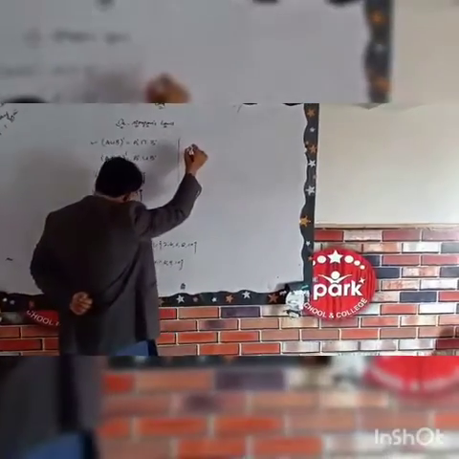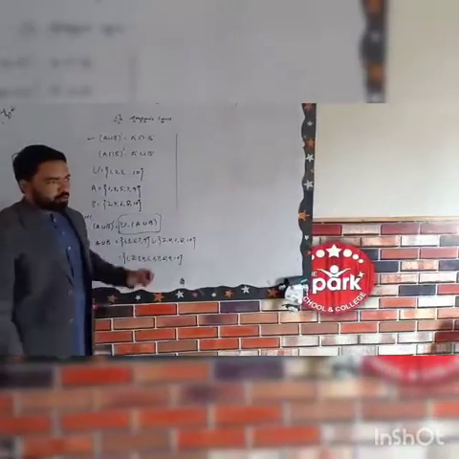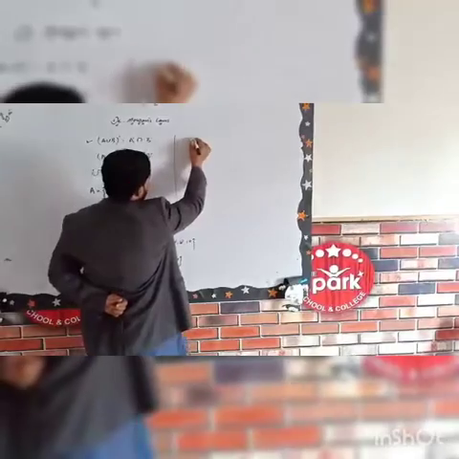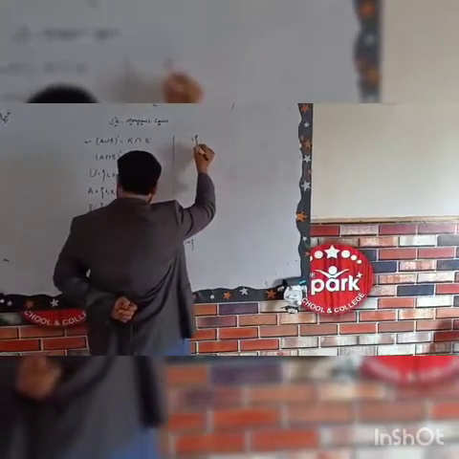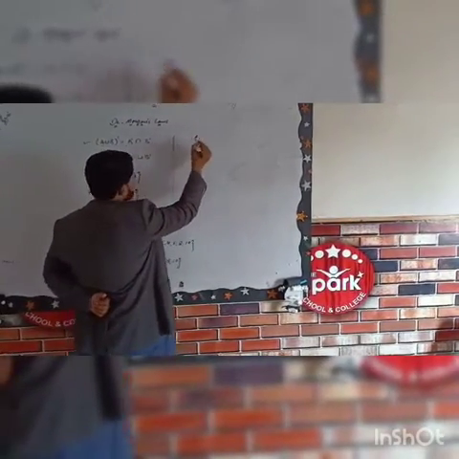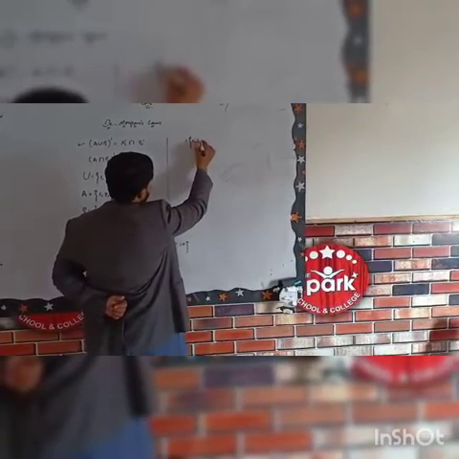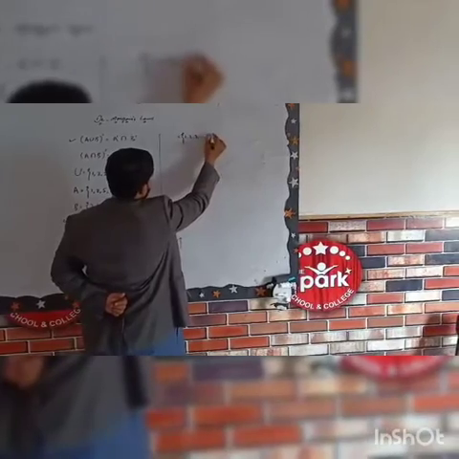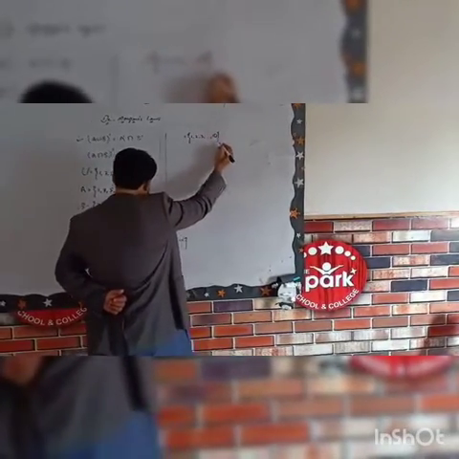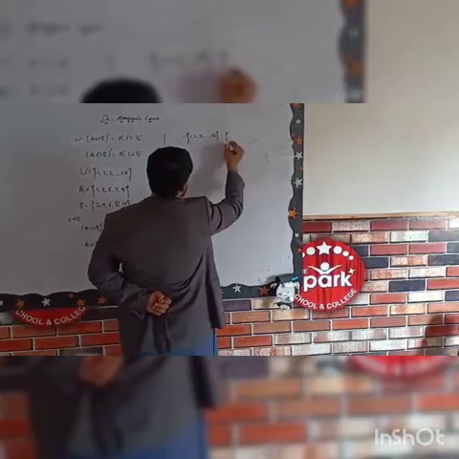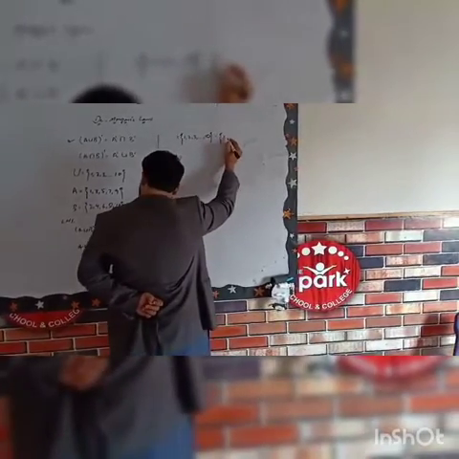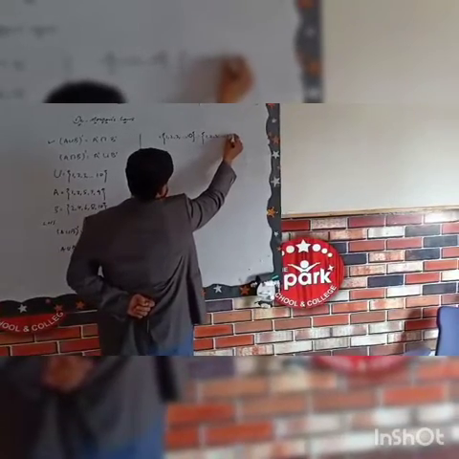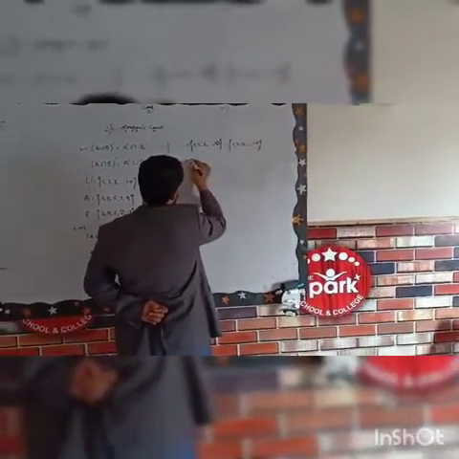First, we need to write the elements of the universal set, which are 1 up till 10, minus A union B, which is also 1 up till 10.